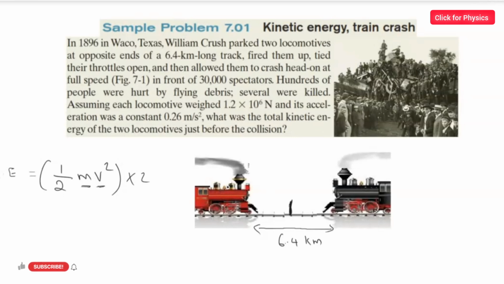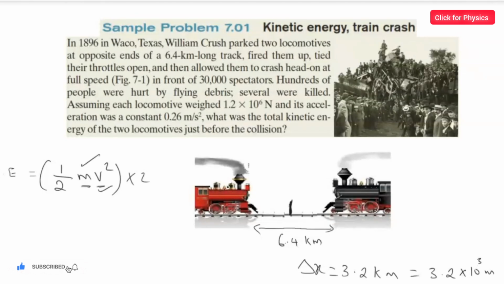That means delta x is half of the distance, which is 3.2 kilometers, equal to 3.2 × 10^3 meters, because I converted kilometers to meters. Why 3.2? Because the distance between the two locomotives is 6.4 kilometers, so when they collide at this point, the distance each travels is 3.2 kilometers.